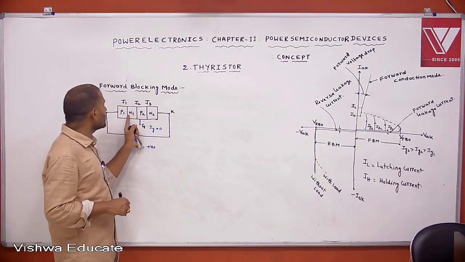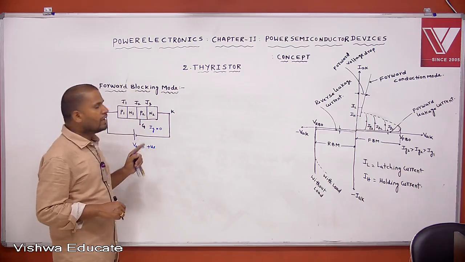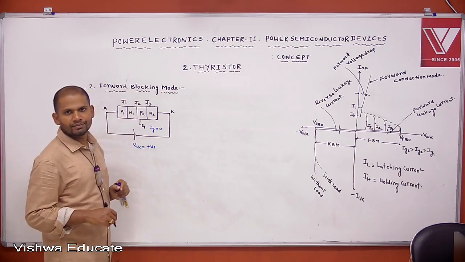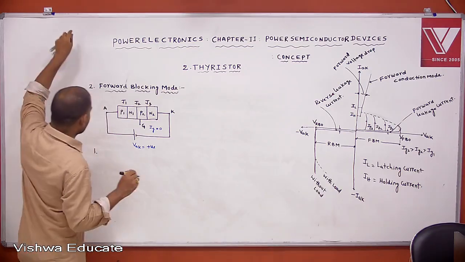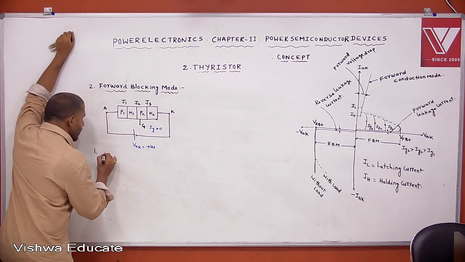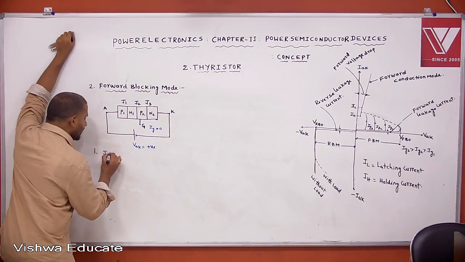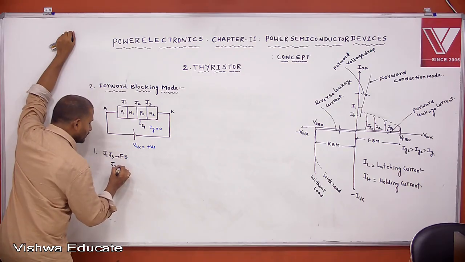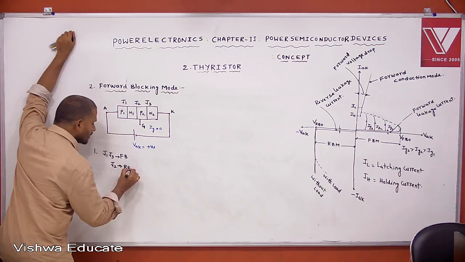Are carriers crossing the J2 junction? No. Majority carriers are not crossing the junction. That's why J2 is reverse bias. That's the first observation: under forward blocking mode of operation, J1 and J3 are forward bias, and J2 is reverse bias.